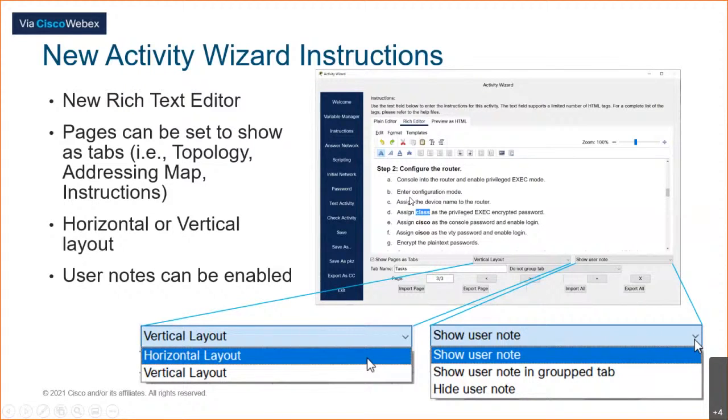Pagination or paging in instructions was available even a long time ago. So on this specific screenshot, you see we are currently looking at page 3 out of 3, and we can use, and always could use, these buttons to navigate through the pages.